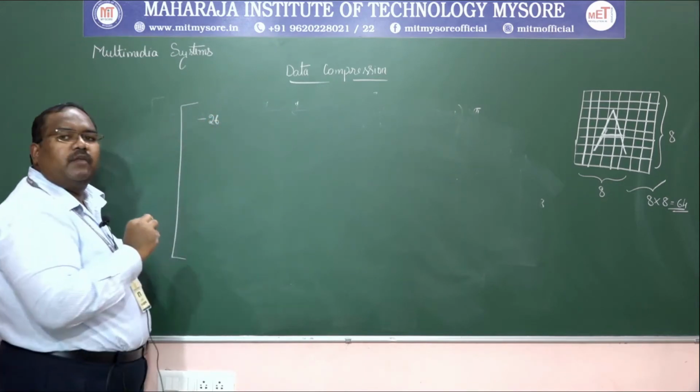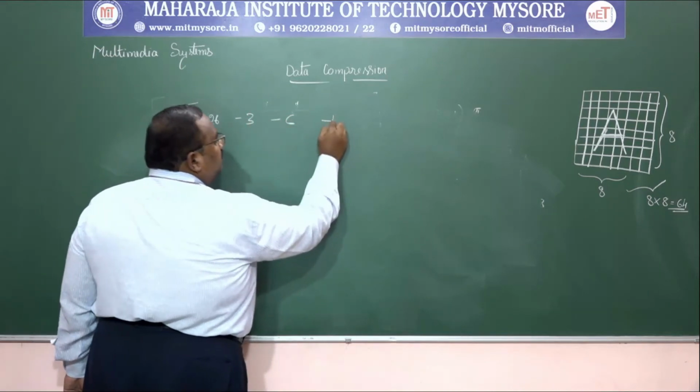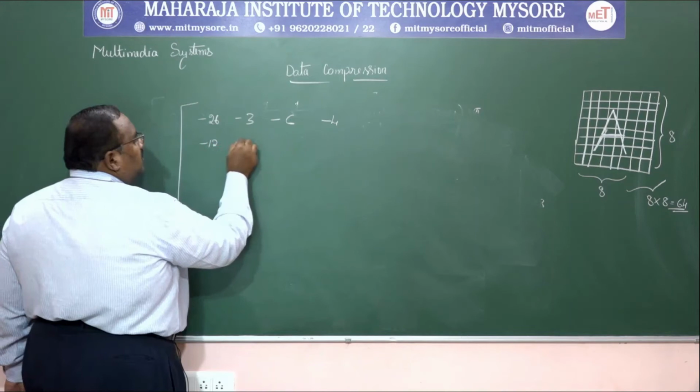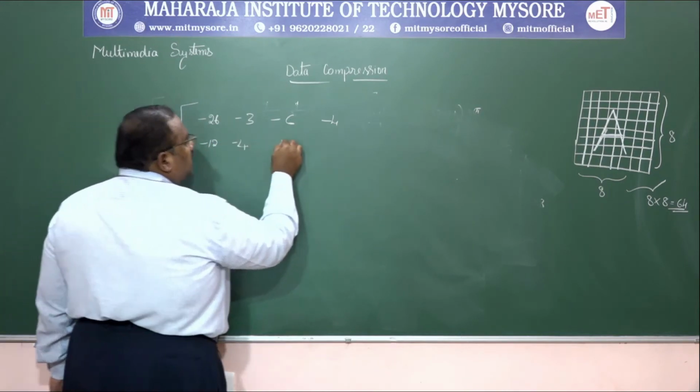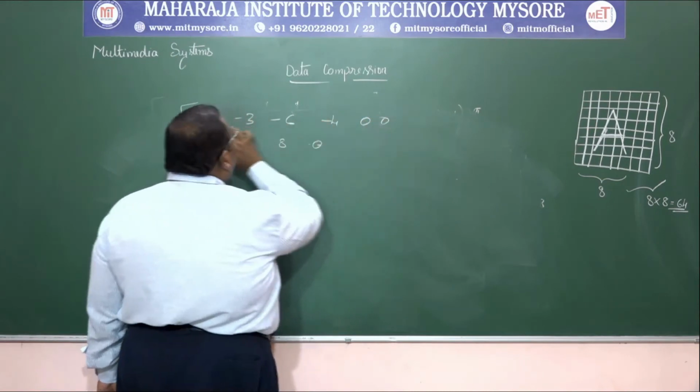Minus 26, minus 3, minus 6, minus 4 and so on, minus 12, minus 4, 8, and so on, and later the values would be 0.